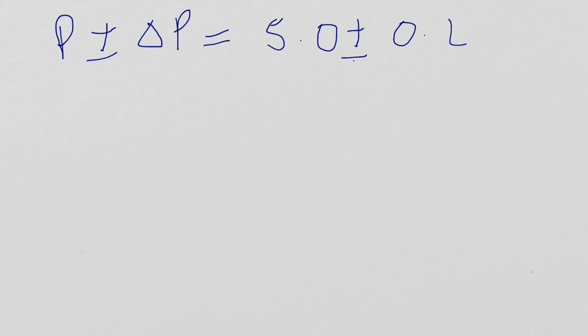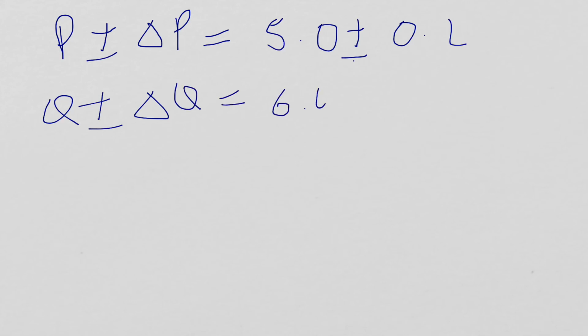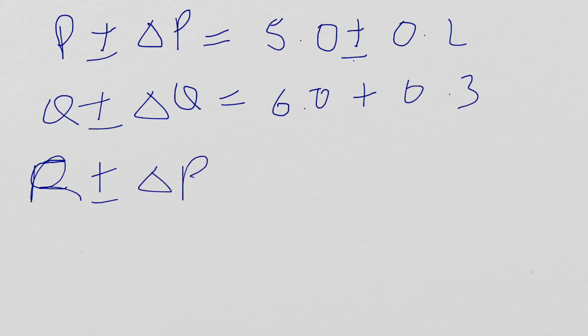Then they have given Q plus or minus delta Q as 6.0 plus or minus 0.3, and R plus or minus delta R, which equals 7.0 plus or minus 0.4.